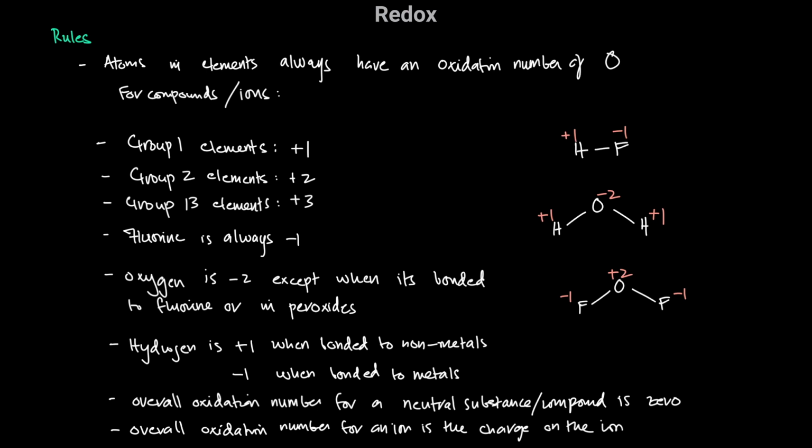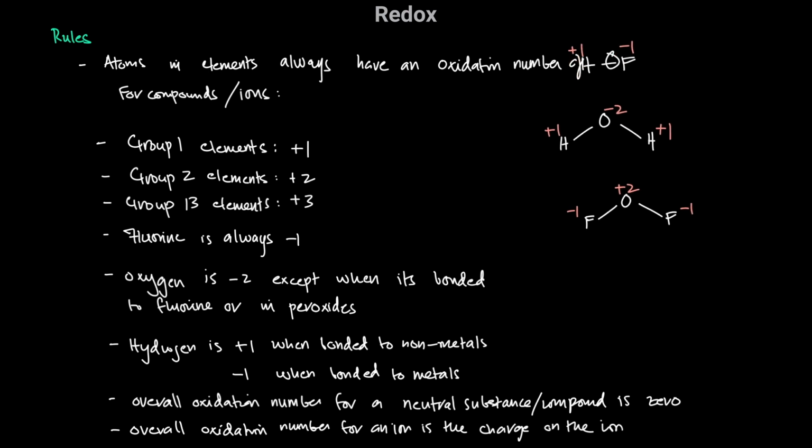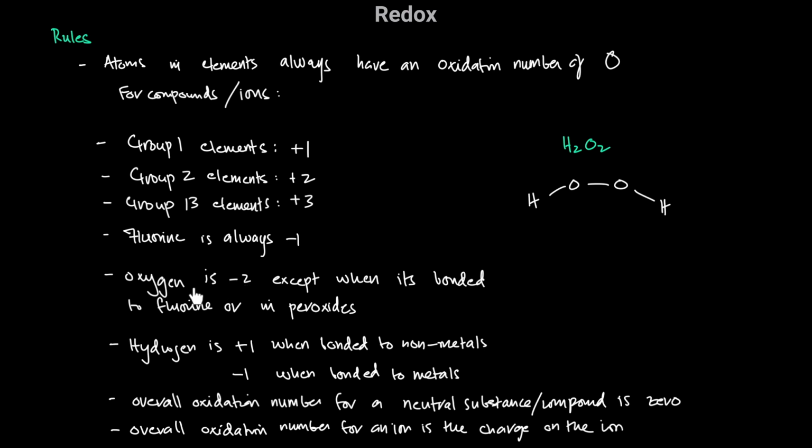Another example I want to look at is hydrogen peroxide, H2O2. It has the following structure: a hydrogen bonded to an oxygen, bonded to another oxygen, bonded to a hydrogen. Here the hydrogens have an oxidation number of +1, so each of the oxygens has an oxidation number of -1. The peroxide ion is just O2 2-.